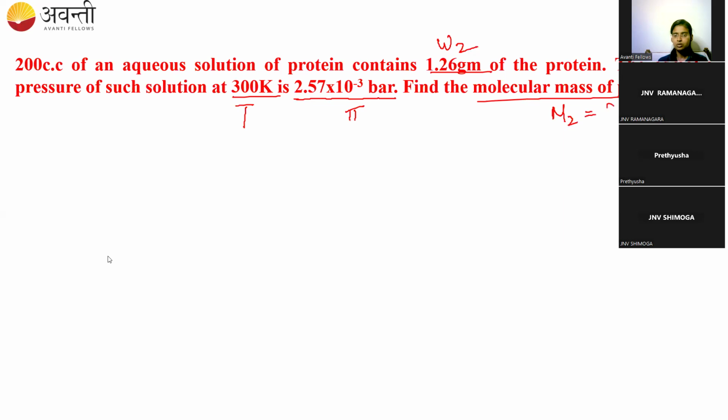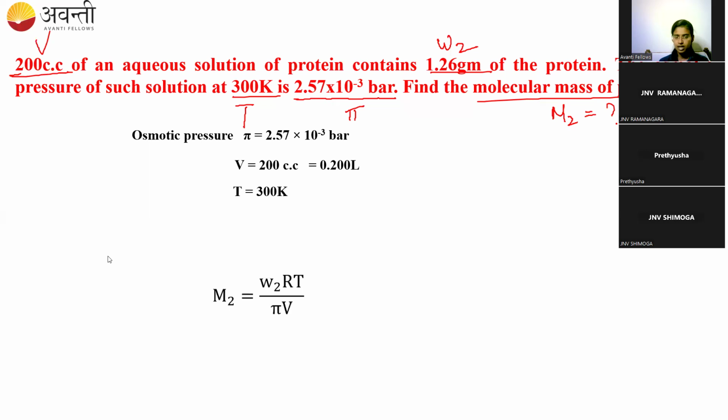So M2 is asked. How to find it? Osmotic pressure is given. Volume is given in cubic centimeter, and it can be converted to liter by multiplying by 10 to the power minus 3. The temperature is given as 300 Kelvin.